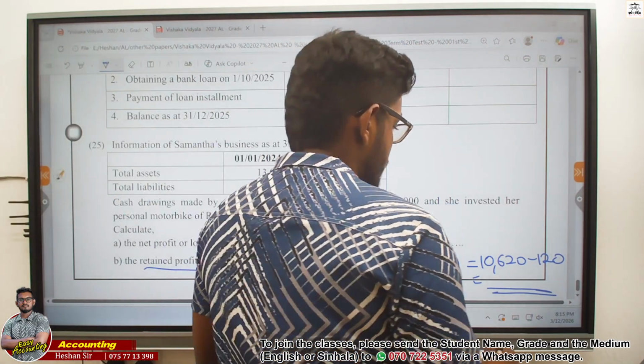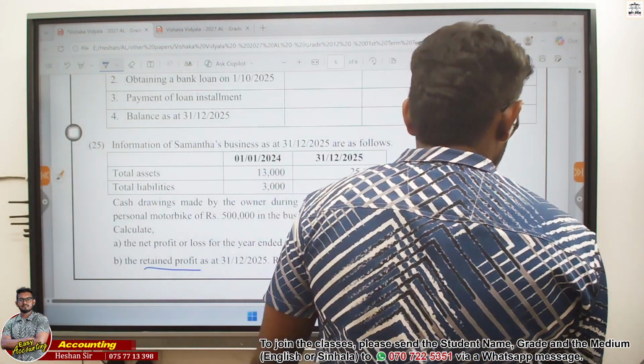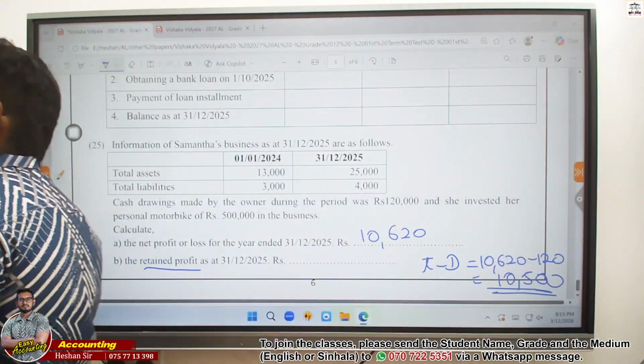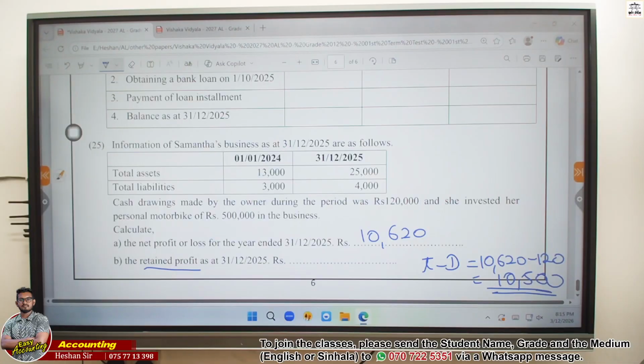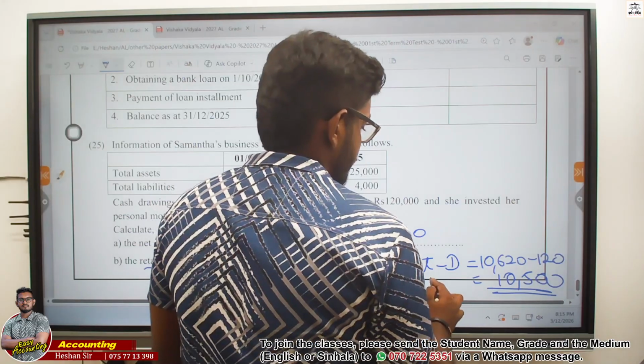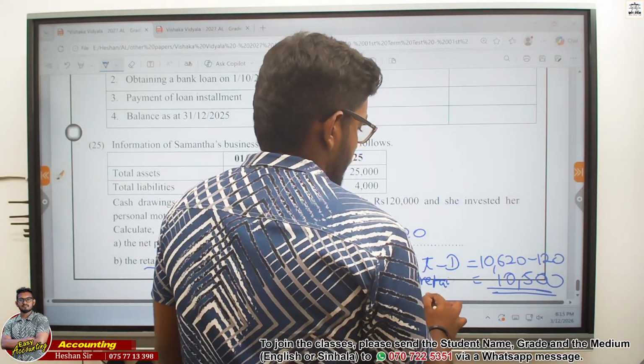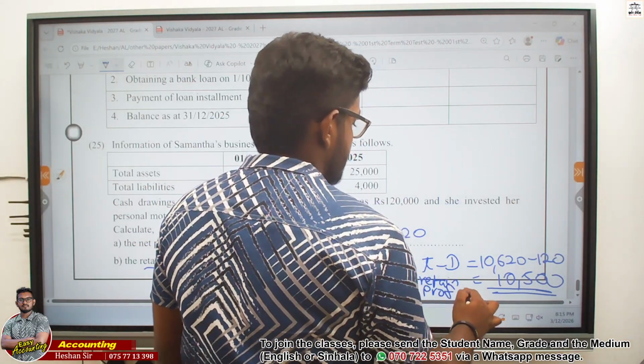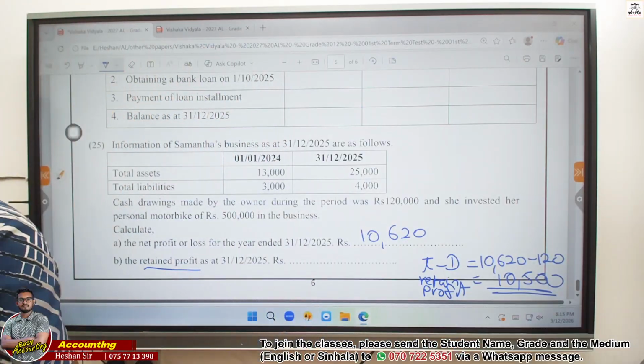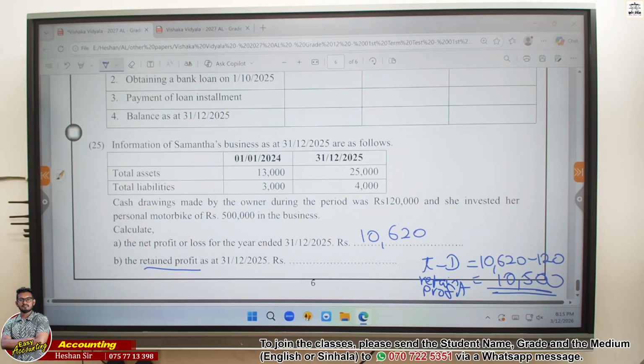So it's 10,500. Send me a thumbs up. Remember, the retained profit should be 10,500. Retained profit means profit minus drawings. That is the profit we retain in the business, right?